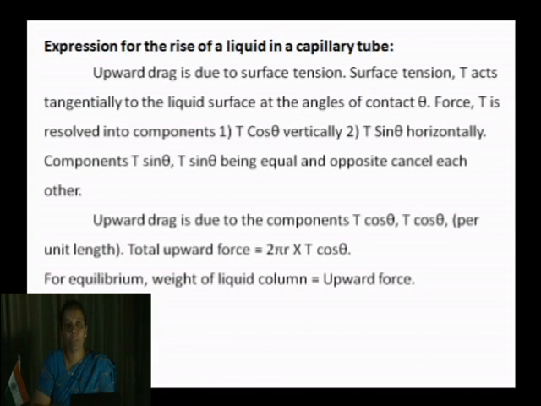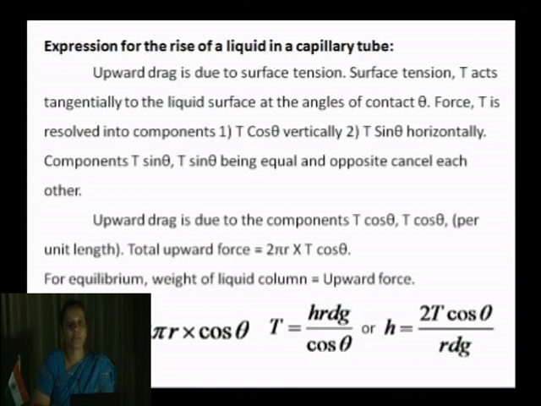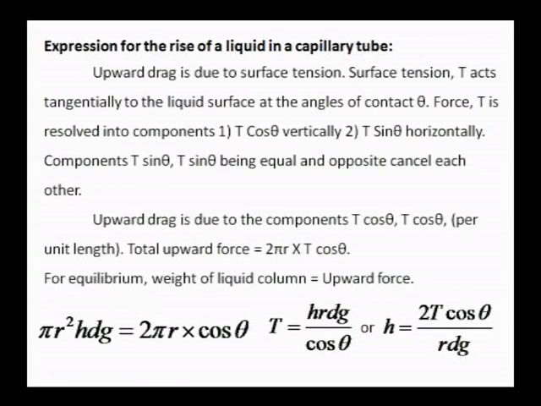At equilibrium, we know the weight of the liquid column should be equal to the upward force, that is 2 pi r into T cos theta must be equal to the weight of the liquid. Weight of the liquid is m into g, and m can be written as d into v. So, d into v into g, and we know the volume of the liquid is pi r squared h.